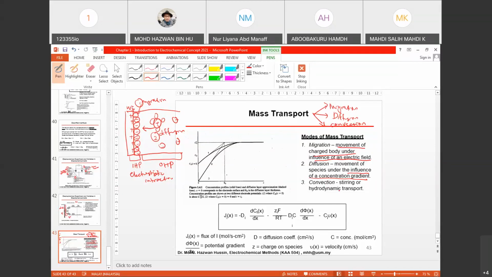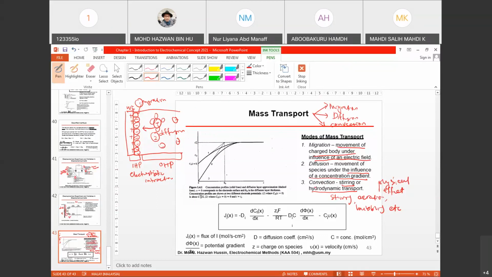Convection is more or less like a physical effect, always related with mechanical stirring, aeration, bubbling, etc. Because when you stir, you are mechanically mobilizing the solution, or the electrons, sorry, the ions inside it, and this creates an effect, the so-called convection.